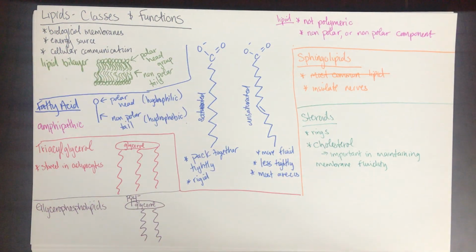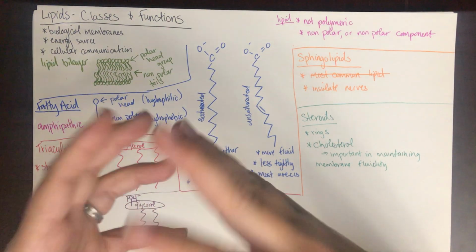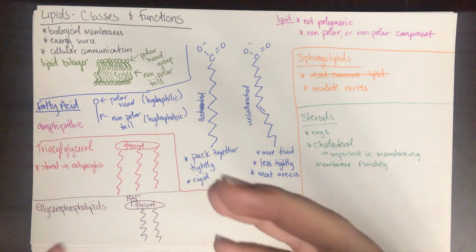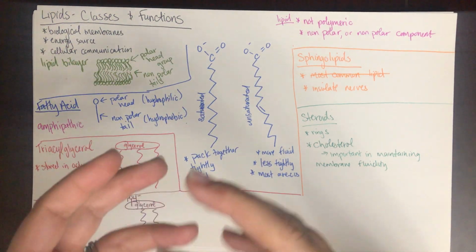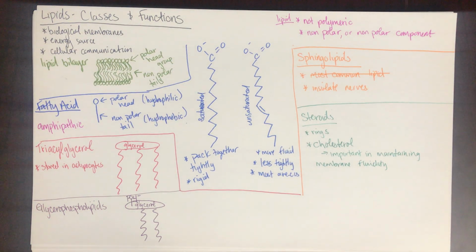Transport across membranes is not something that we spend a whole lot of time on in this class, but we need membranes to have some fluidity for transport. Also, they need to have enough rigidity to maintain the structure of the cell. So making sure that a lipid bilayer has just enough fluidity and rigidity is an important role of different types of lipids.